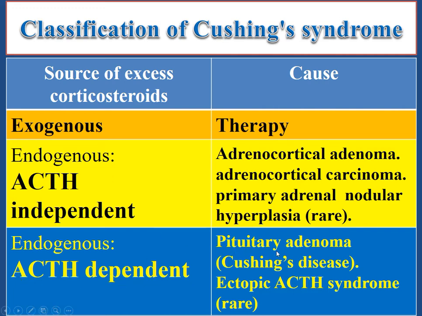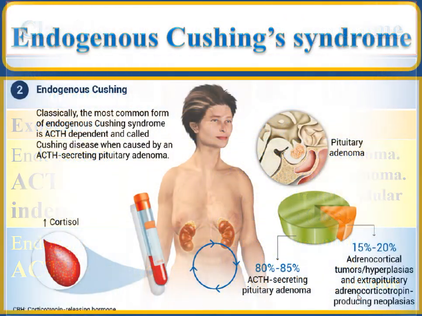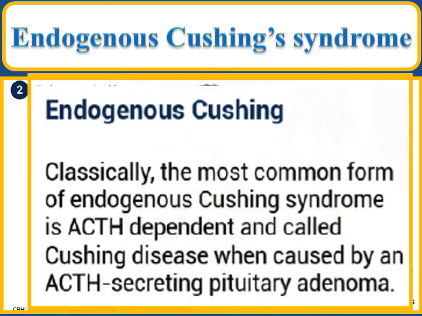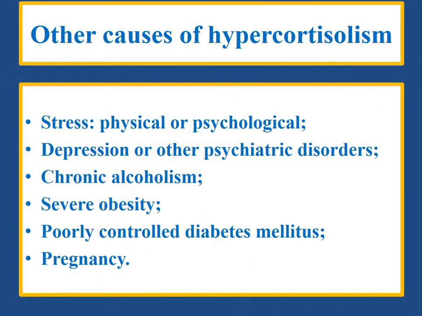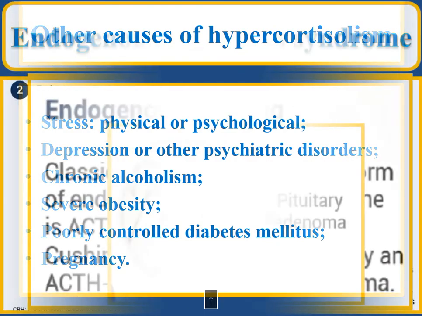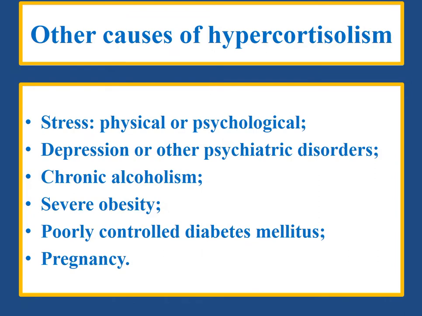ACTH-dependent hypercortisolism may be the result of pituitary adenoma, so-called Cushing disease, which was described by Cushing, and also ectopic ACTH syndrome, which is rather rare. Among these endogenous forms, pituitary adenoma is very important. There are also other causes of hypercortisolism.